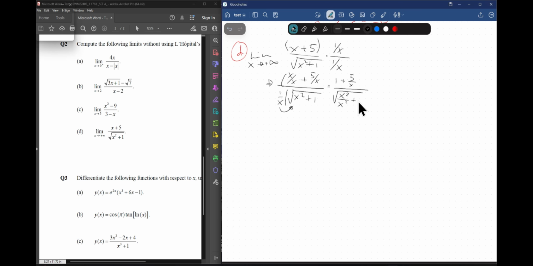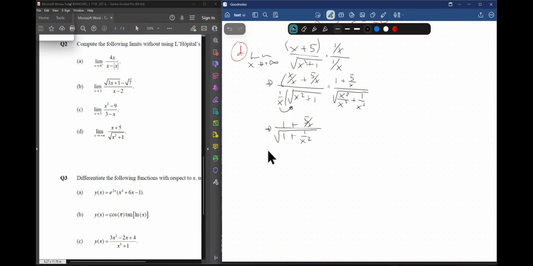We need to do the same thing for the other one, plus 1 over x squared. Moving on, we will have 1 plus 5 over x over square root of 1 plus 1 over x squared.